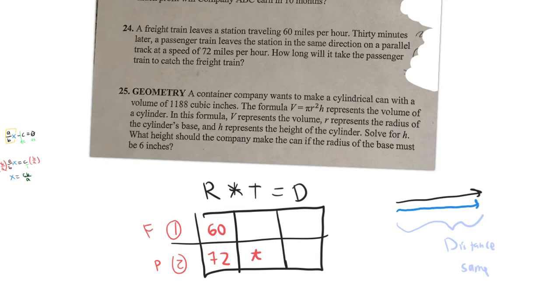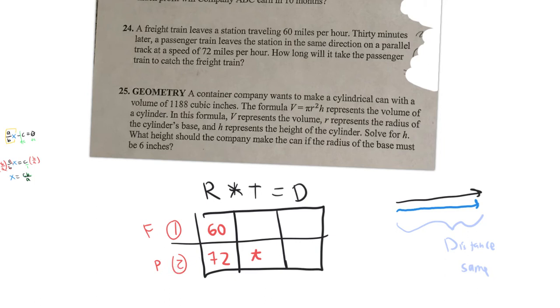Now, if you think about it, the freight train left 30 minutes earlier, which means the freight train has been traveling for a longer period of time. In fact, the freight train has been traveling for 30 minutes longer than the passenger train, right? Because if the passenger train left 30 minutes after the freight train already began traveling, that means the freight train has been traveling for 30 minutes more than the passenger train.